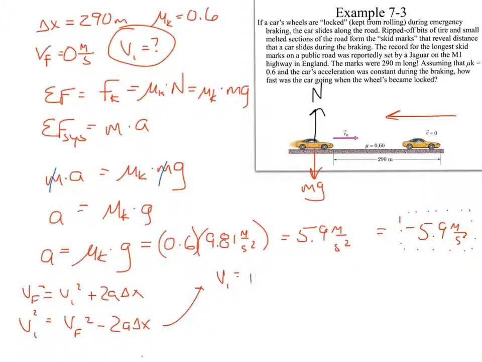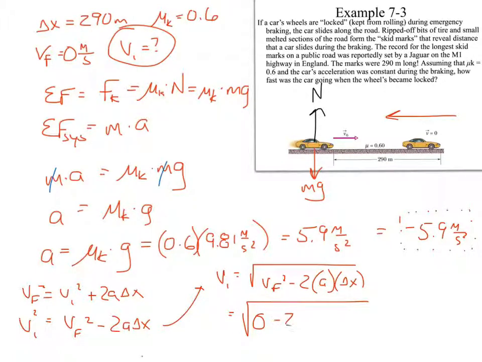Initial velocity is going to be the square root of v final squared minus 2 times our acceleration times our displacement. V final is 0 minus 2 times, good thing that acceleration is negative, right? Otherwise we'd have a square root of a negative. Negative 5.9 meters per second squared times our displacement, which was 290 meters. That's going to give us our initial velocity.